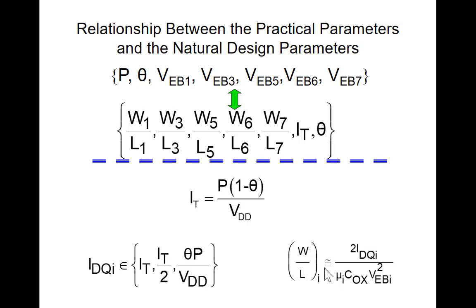So each of the currents in all the transistors are either I-tail, that's the lower transistor, or I-tail over 2, that's the transistors on the left and the right side, or theta P over VDD, that's the current in the 2 on the right. So we know the currents for all the transistors. And then the W/L values are all given by the expression 2 times the current over mu Cox V excess bias. So it's very easy to go from the practical parameters to the natural parameters.